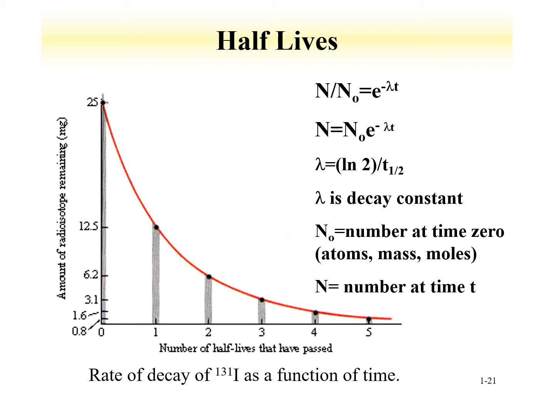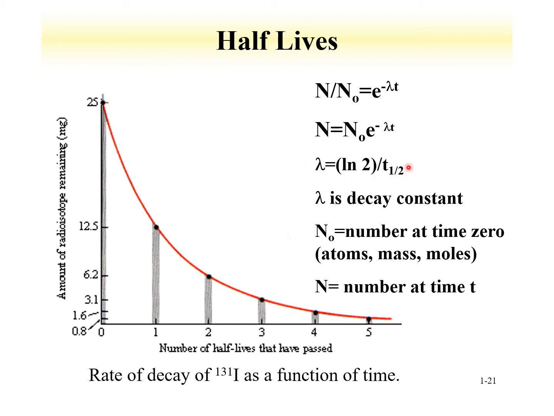It's first order decay. There's a fundamental relationship shown here where, if I know the number of atoms, I know the mass at a given time is equal to the initial amount times e to the minus lambda t.